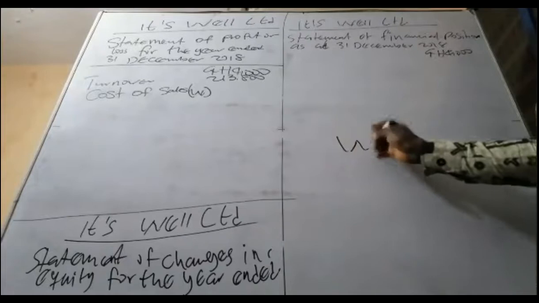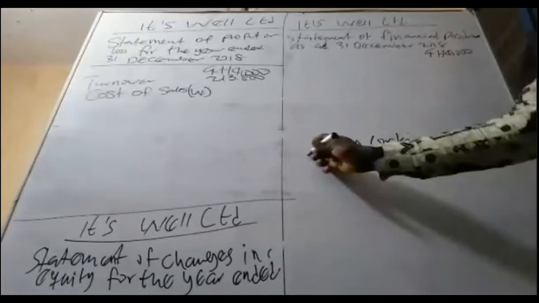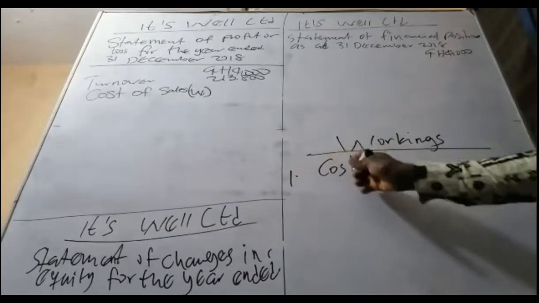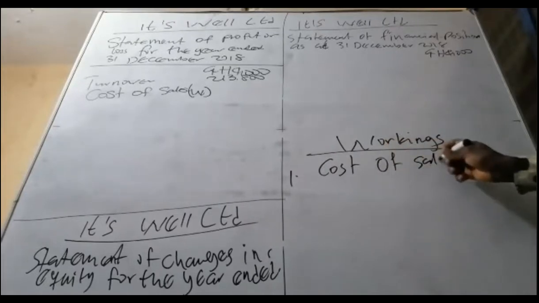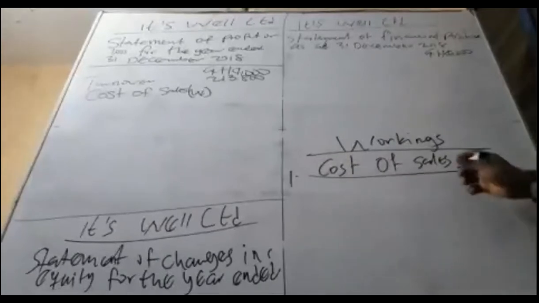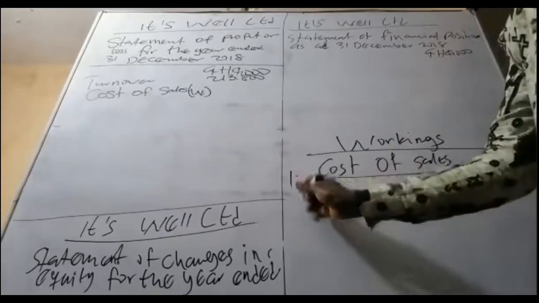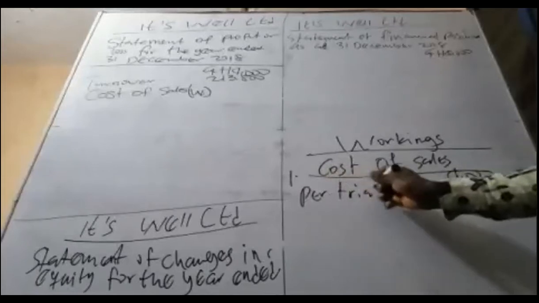So let me put the workings up a bit. Workings, first one on the list, cost of sales. That one too, don't forget your currency, thousands. First, tell the examiner that per the trial balance, what's the cost of sales?